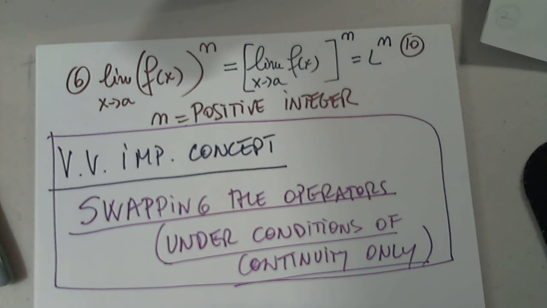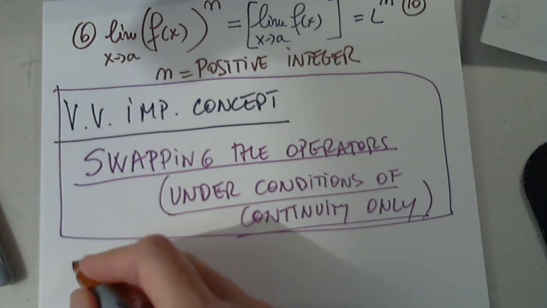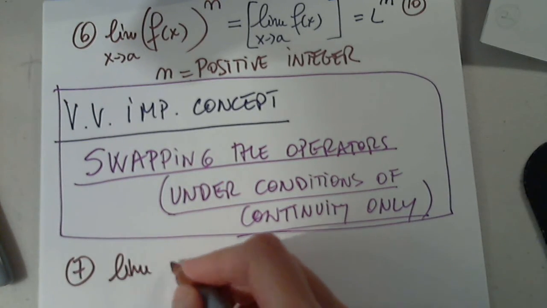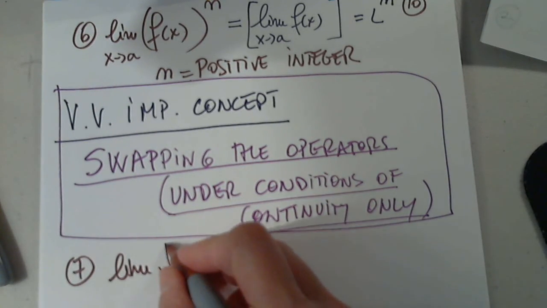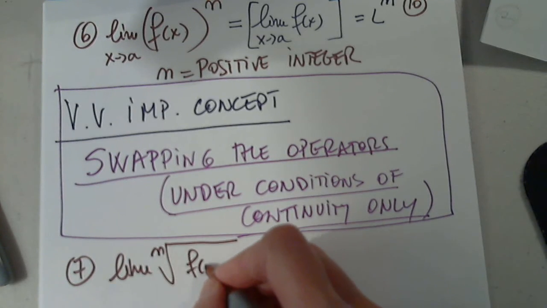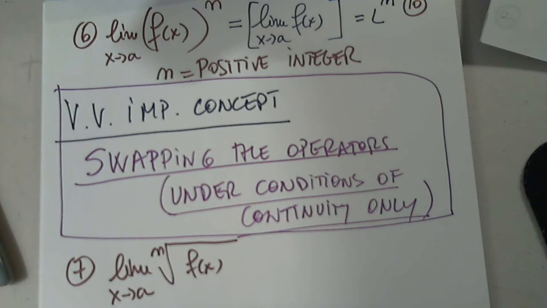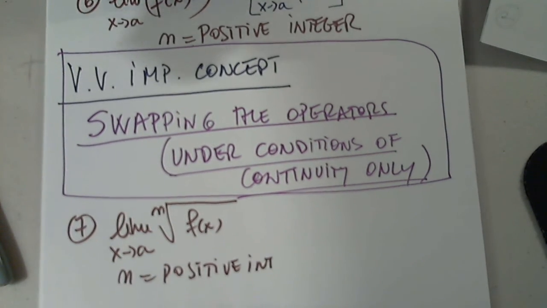Okay, number 7. The limit of the nth root of f of x as x approaches a. Of course, n has to be a positive integer, otherwise it's 1 over and it's a different story.